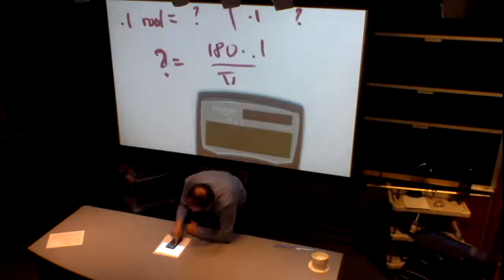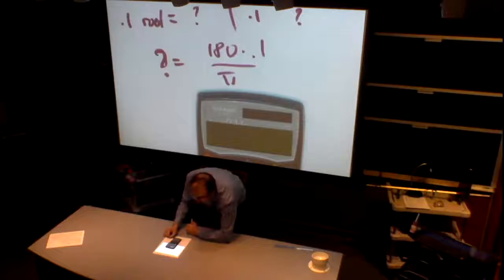So let's see. No, I don't need second function. Sine. I know that 180 times 0.1 is 18, but I'm going to do the whole thing. 180 times 0.1 divided by, on my calculator, pi is here, second function, 3, equals.